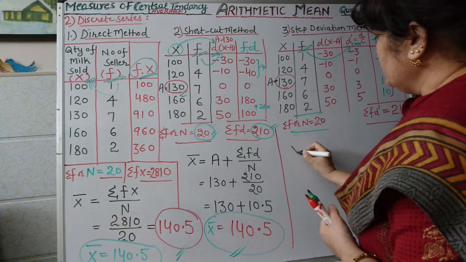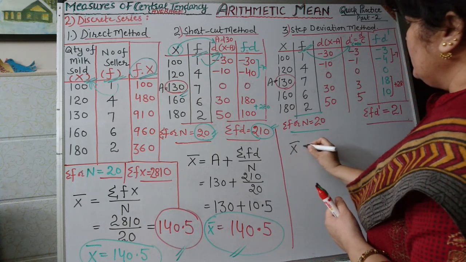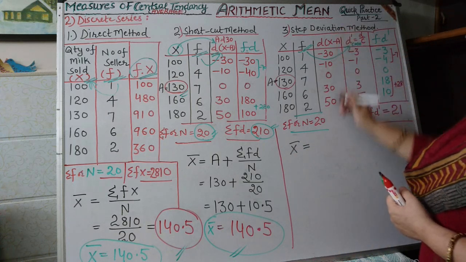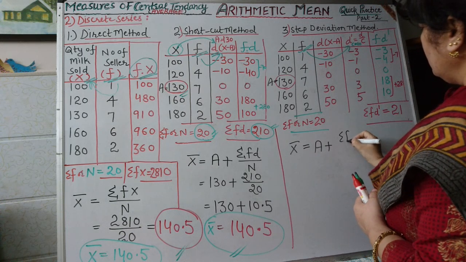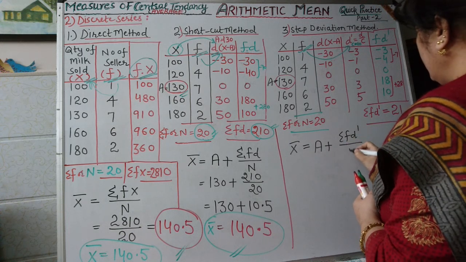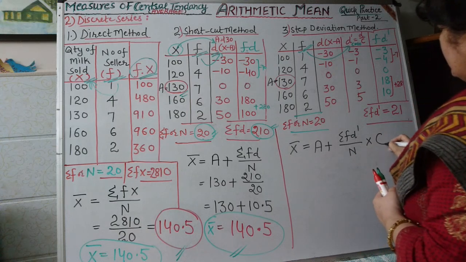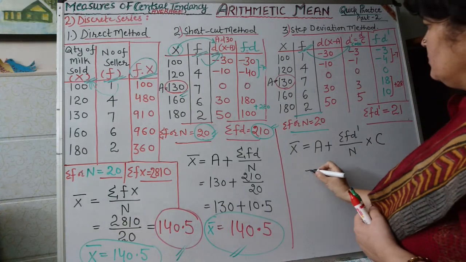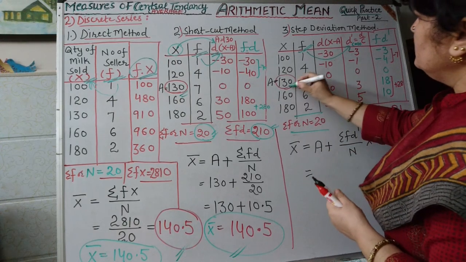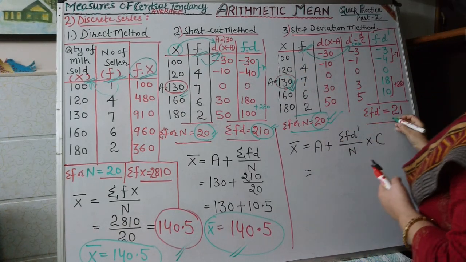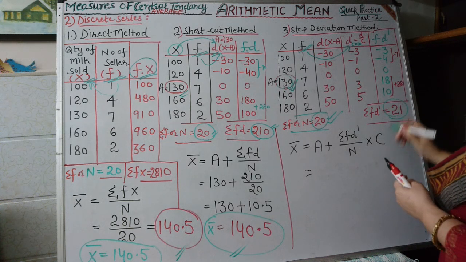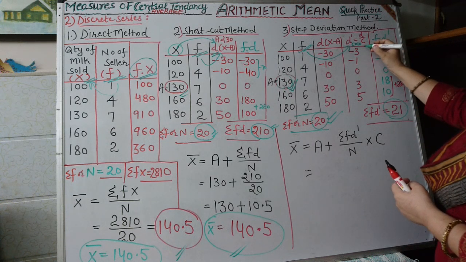So the formula for arithmetic mean by step deviation method is equal to a plus sigma f d dash divided by n, multiplied by common class interval. We have assumed 130, n is 20, sigma f d dash is 21 and the common factor is 10.